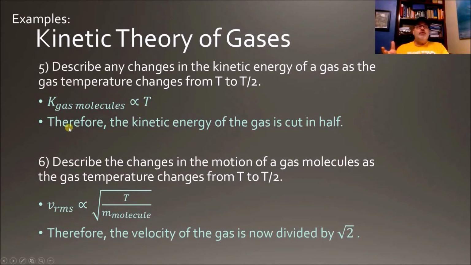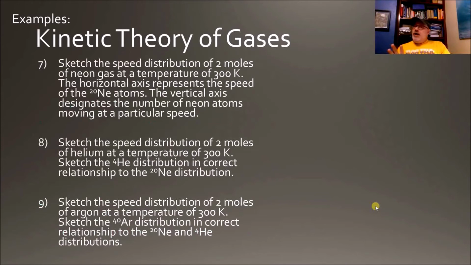So if we decrease the temperature to half, then the kinetic energy of the gas molecules is also cut in half. The velocity is a little more complicated because it's a square root. If we cut the temperature in half, we'll have a 2 in the denominator, but it's square rooted. So the velocity will also decrease, by a factor of the square root of 2.